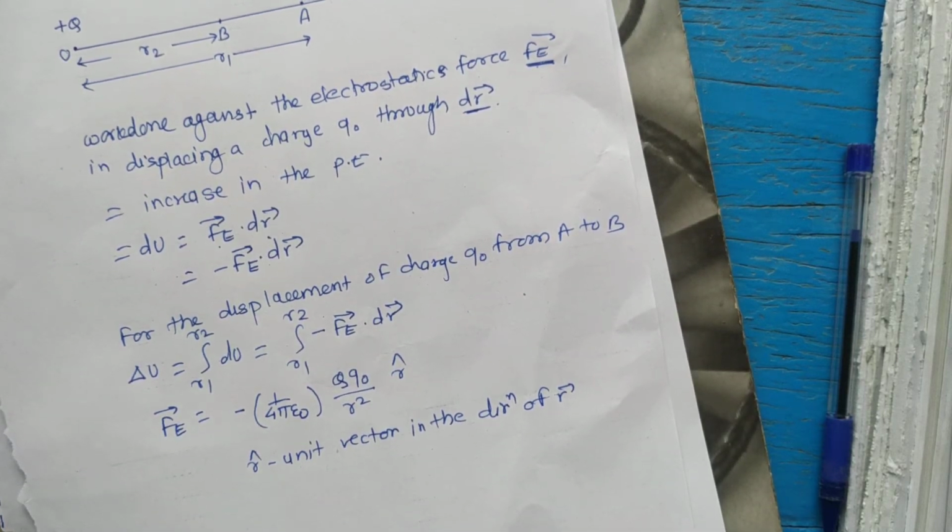Negative sign indicates that r bar and force are in the opposite directions. For the system of two point charges, delta U is equal to integration from R1 to R2.